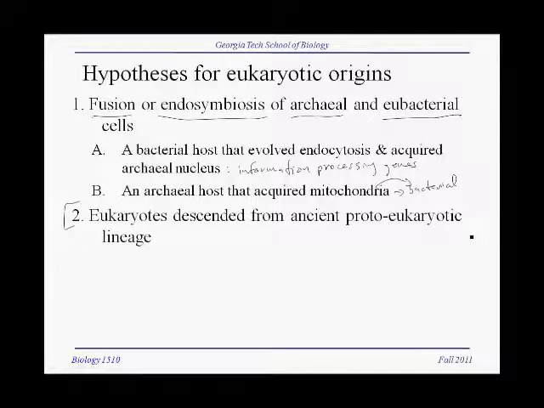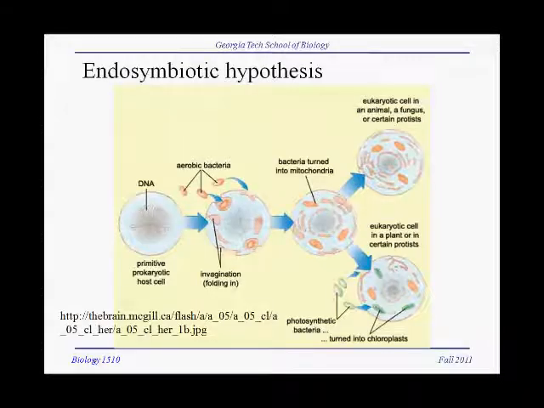Here's an illustration then of the role of endosymbiosis in the evolution and origin of eukaryotic cells. Here what's shown is some primitive prokaryotic host cell. It's not identified as either archaeal or bacterial, but it has prokaryotic-like qualities, meaning it doesn't have a nucleus.